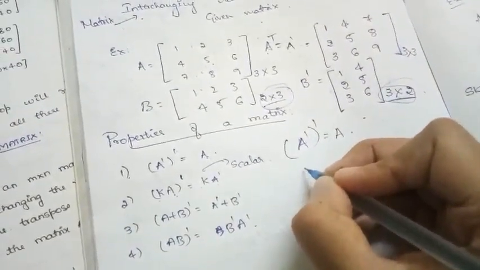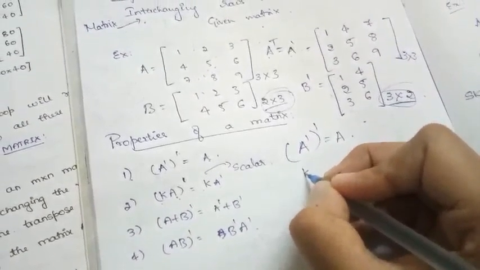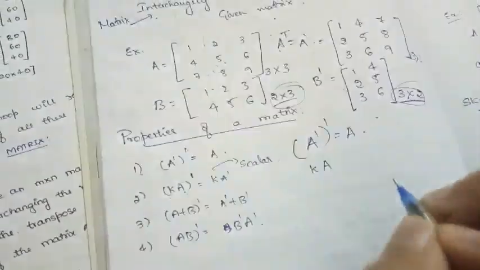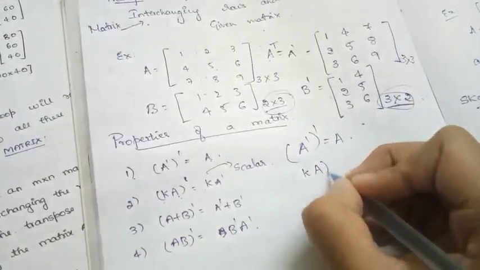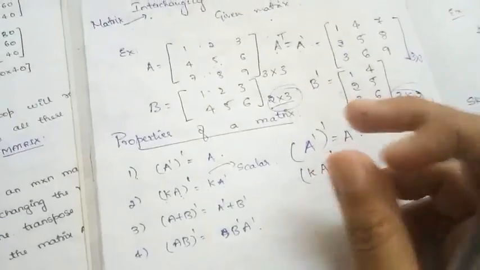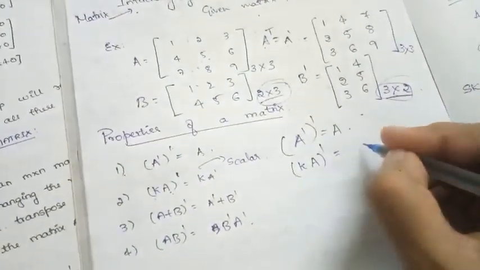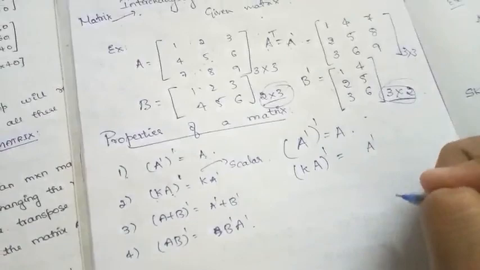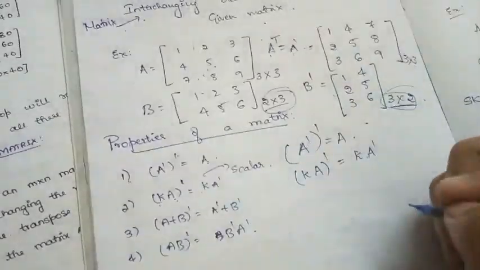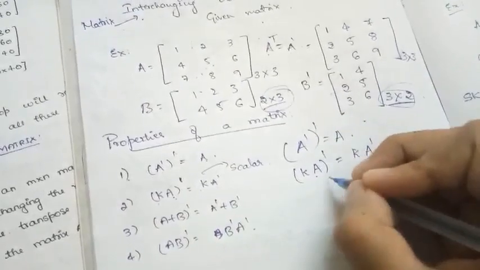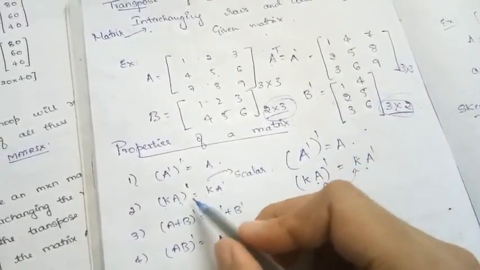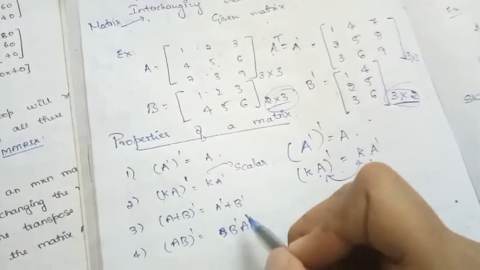For example, if I multiply a scalar K to a given matrix and then take the transpose of that matrix, it is the same as taking the transpose of the given matrix and then multiplying by that scalar. So both these matrices are the same. That is the second property.